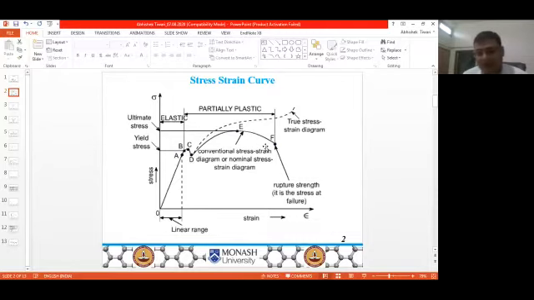Similarly, epsilon true, that is true strain, is equal to dl upon L, where dl is the change in length instantaneously for an infinitesimal increment.